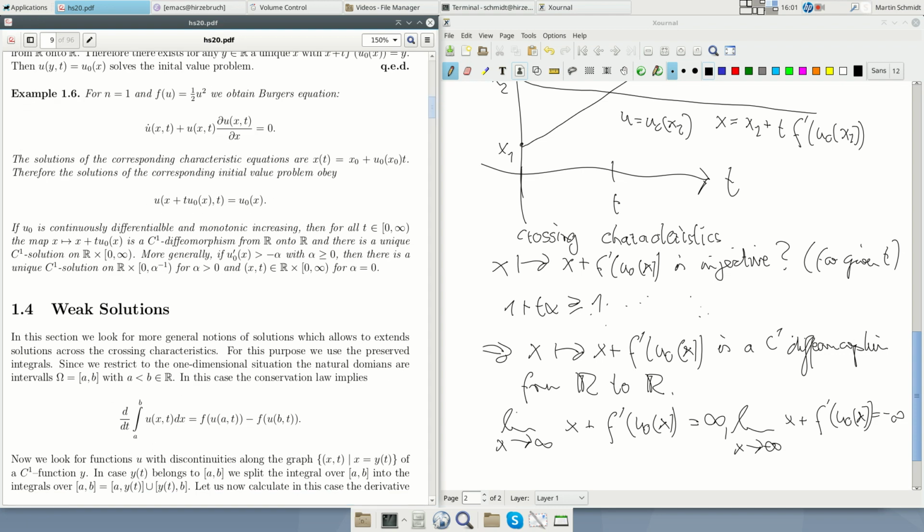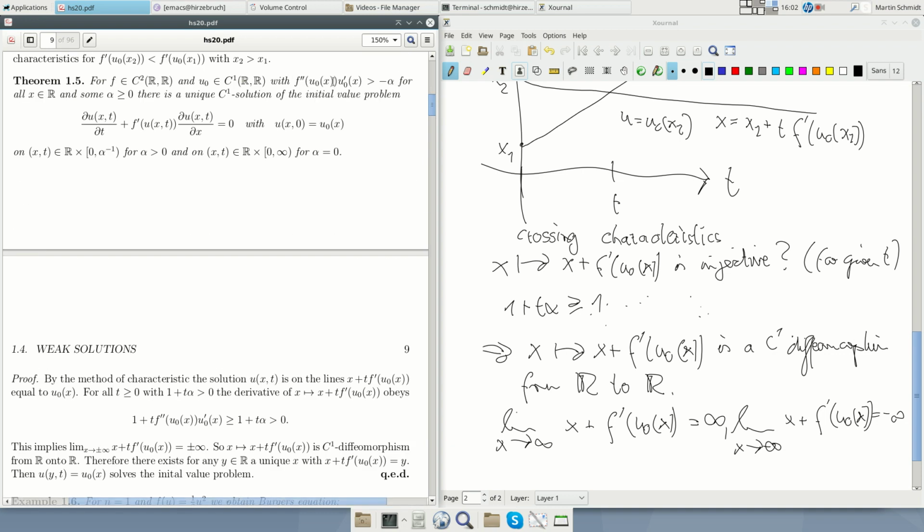Now finally we consider one particular example, namely Burgers' equation. For Burgers' equation, f is just 1/2 u squared, and then we have this equation. So f prime is just the identity function, and we obtain this equation. Let's see, for Burgers' equation, is our condition fulfilled?